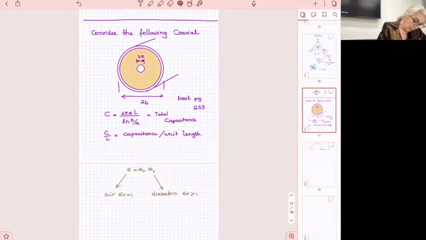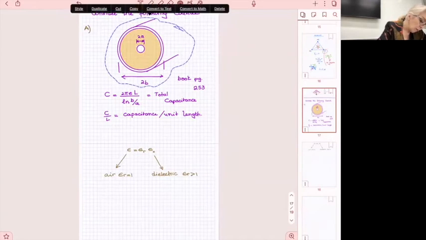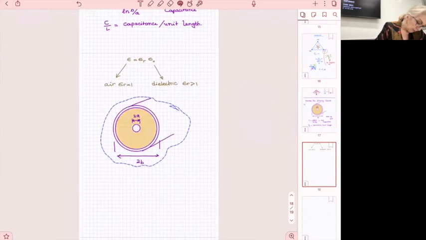Okay. What would happen if now, let me copy it down. Copy, coming here, paste.